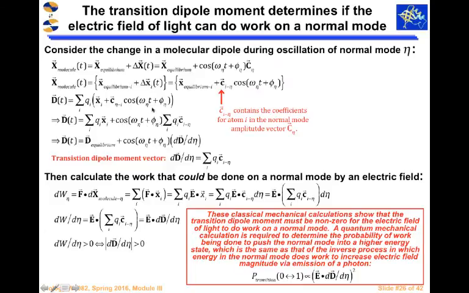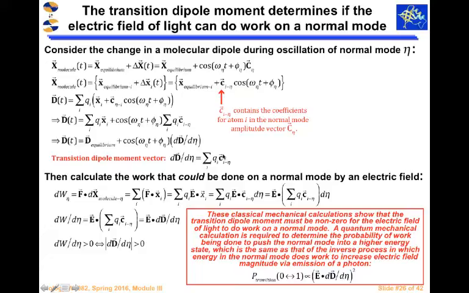If we plug in the math describing the spatial change in the atomic coordinates along the trajectory of the normal mode into the equation describing the dipole moment, what we see is that we have a time-dependent term now in the dipole moment that varies with the same frequency as the normal mode, and that is described by the sum of the charges on the individual atoms times their amplitude terms in whatever the given normal mode is.